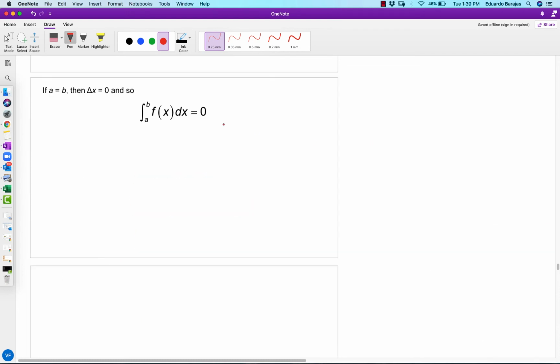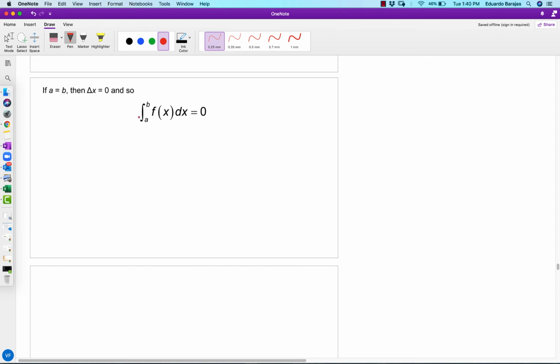Okay, the next property we want to point out is that if a equals b, then delta x equals 0. So we're going to have rectangles that have a base of 0. 0 times the height is still going to be 0, so the whole integral becomes 0.